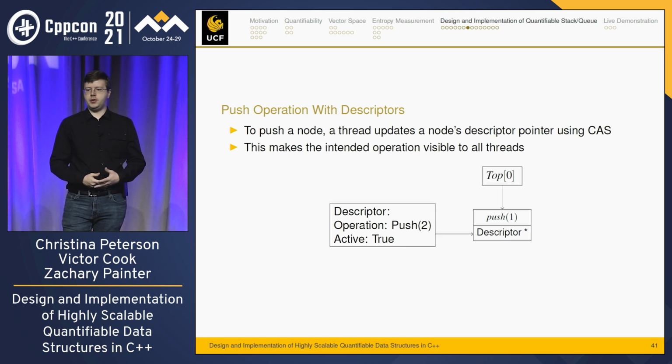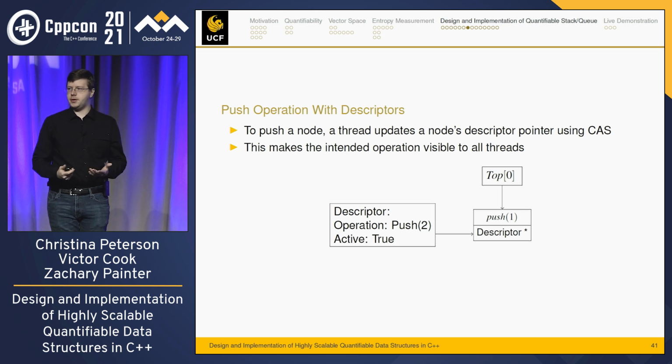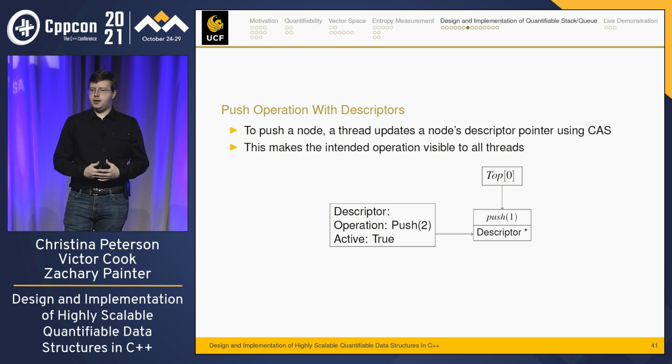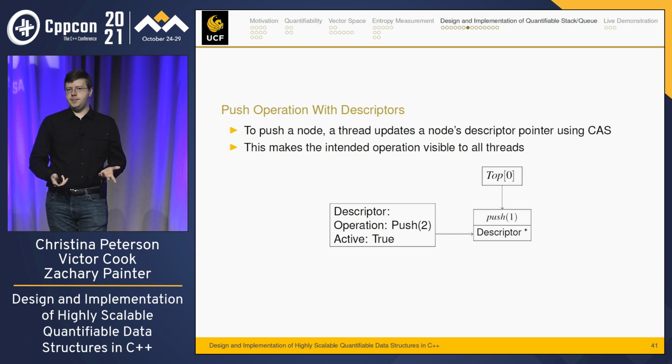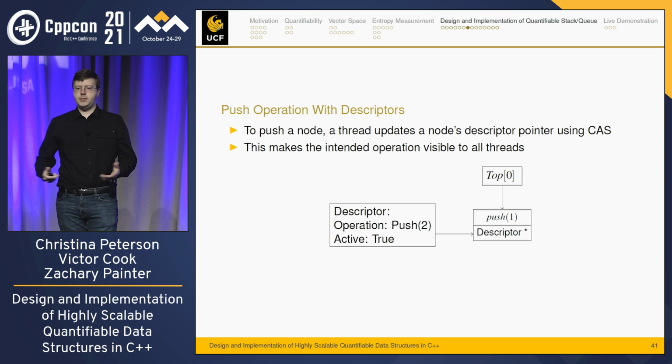So here's how push actually works in the quantifiable stack. In order to push a node, a thread updates the node's descriptor pointer using compare and swap. Every node will have a descriptor pointer in it. This is a very common design pattern for concurrent data structures that use descriptors. If the descriptor pointer is empty or has an inactive descriptor in it, then a thread may update it.